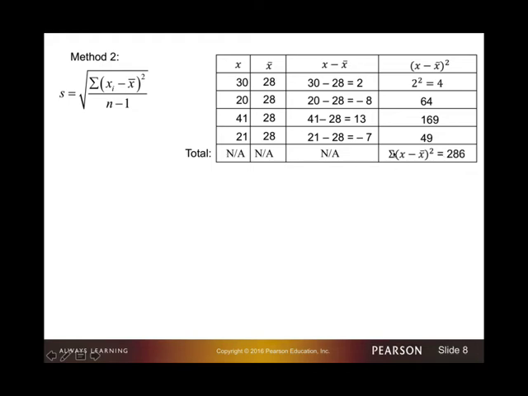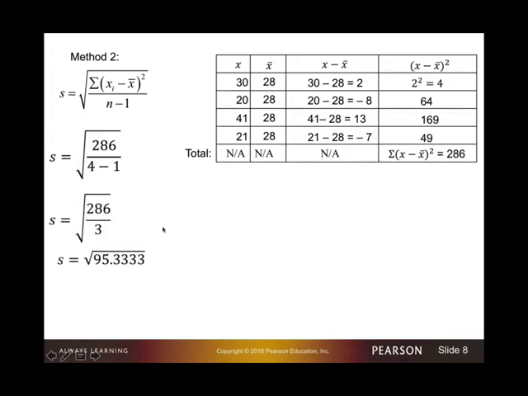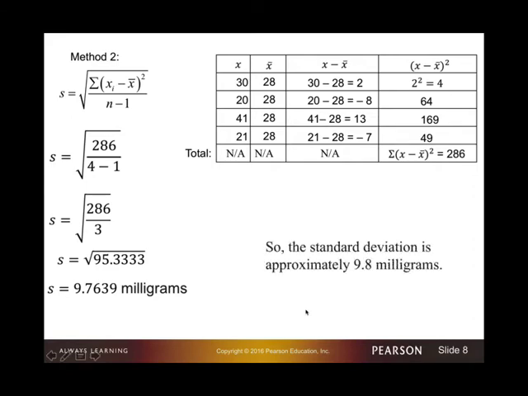And this one will be equal to your formula on the top, so plug it in. Again, your n is equal to 4 here, so you have 4 data. Use the calculator to simplify it. You're going to get square root of 95.3333. Take the square root, and you should get the same answer.